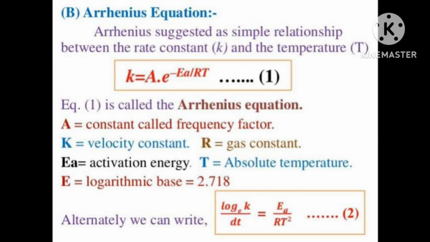Just see the graph: the x-axis is going to the right, meaning energy is increasing towards the right. The second graph is down, meaning the fraction of molecules decreased, but their energy has increased. Correct? That is observed.